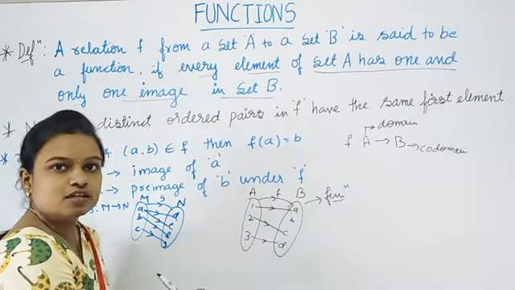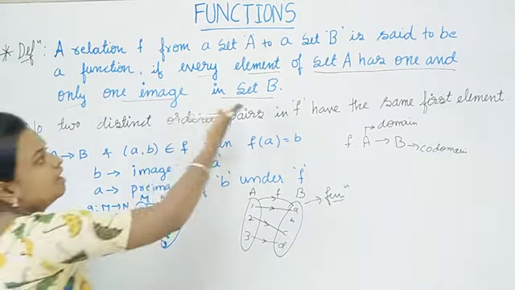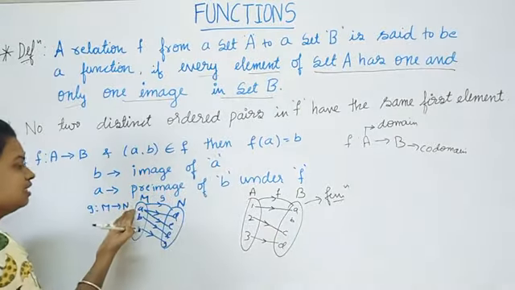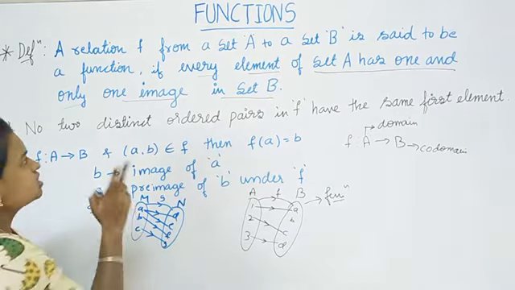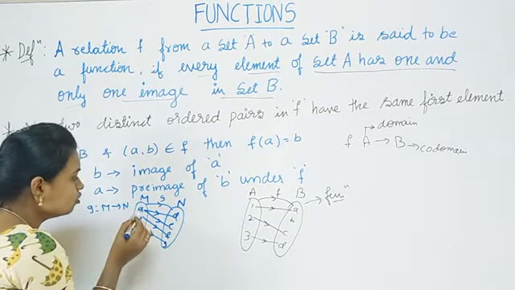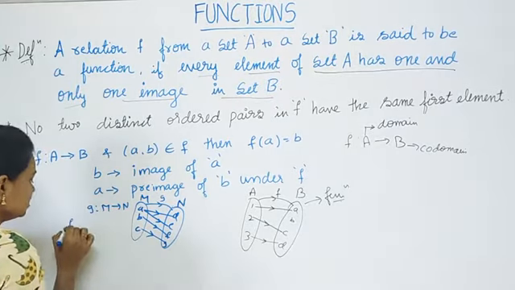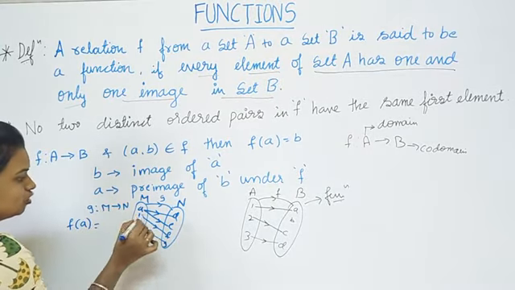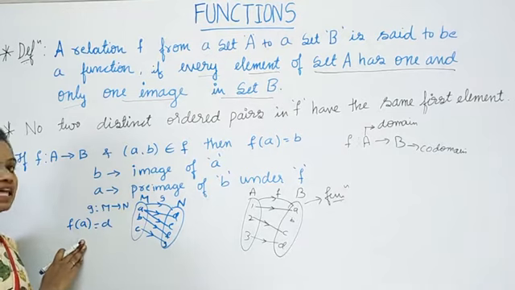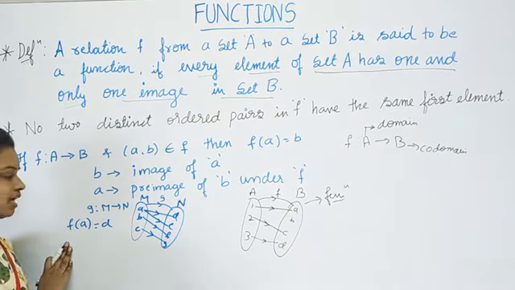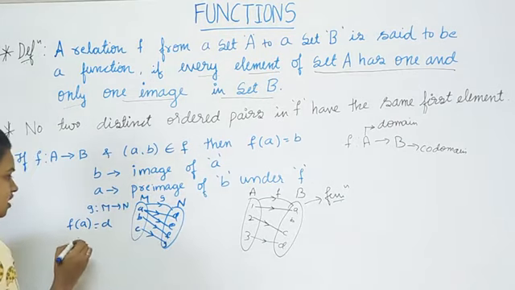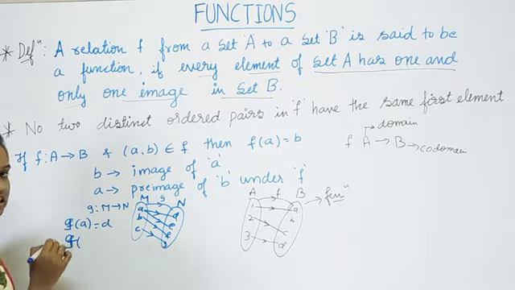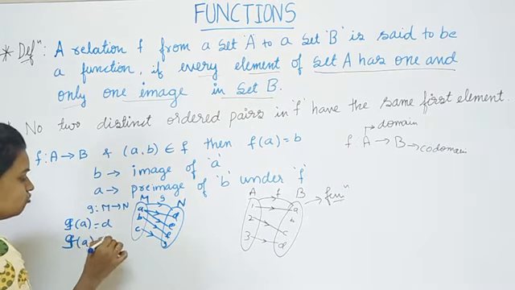So what is the definition of a function? Every element of set A, or here set M, has one and only one image. So here f of a is equal to d, which means the image of a under the function f is d. So a is also mapped to e, right? Here the function is g, so we write g of a is also equal to e.